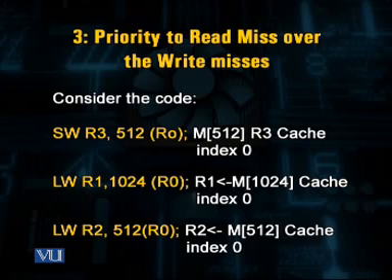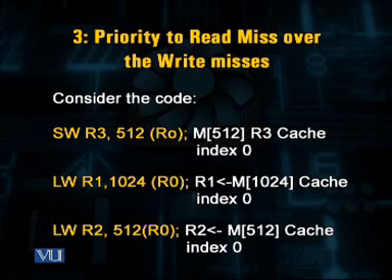The following load instruction, that is the second instruction in sequence, uses the same index, that is 512, and therefore it results in a miss. The second load instruction, that is the third instruction in sequence in this program segment, tries to put the value in location 512 into the register R2. This also results into a miss.